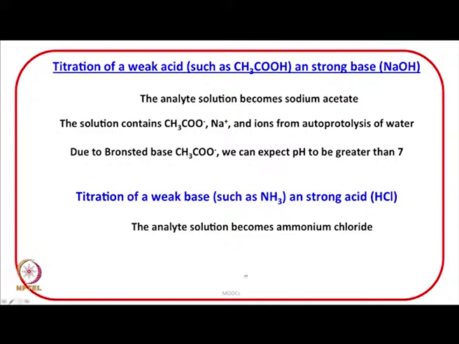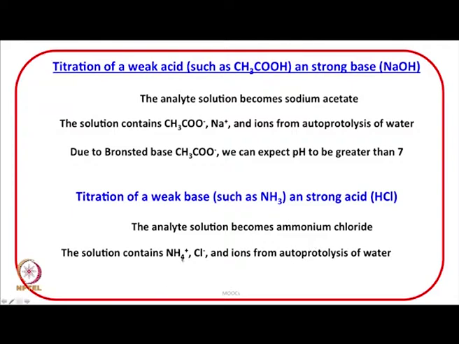That is what is commented here. The analyte solution becomes ammonium chloride, and now the solution will have ammonium ion, will have chloride ion, and as usual the ions from the autoprotolysis of water. And what are those ions? These are hydronium ions and hydroxide ions.